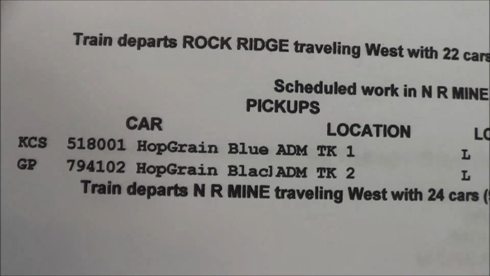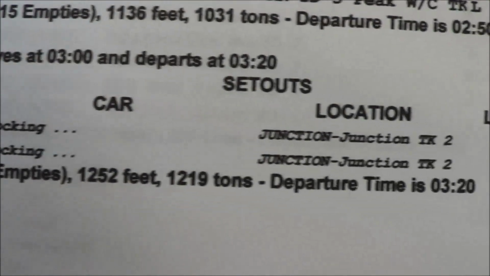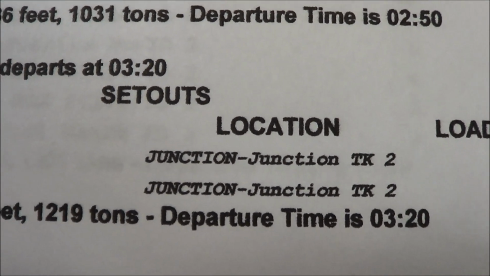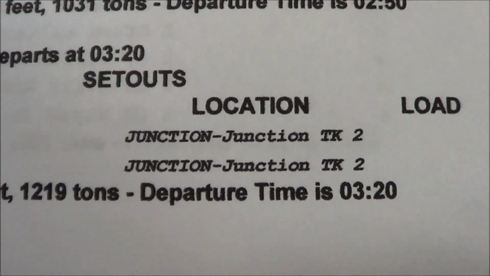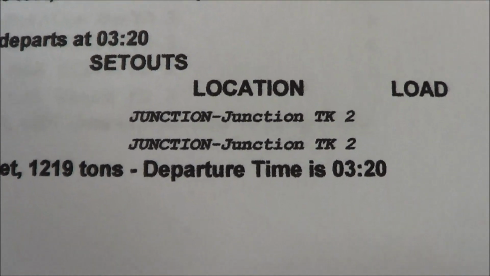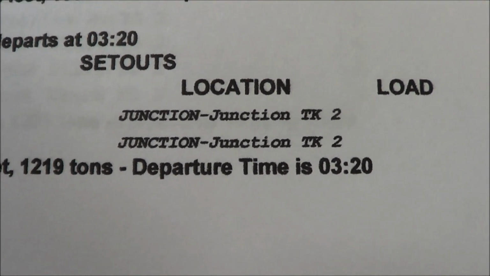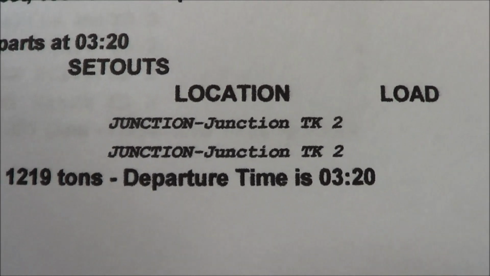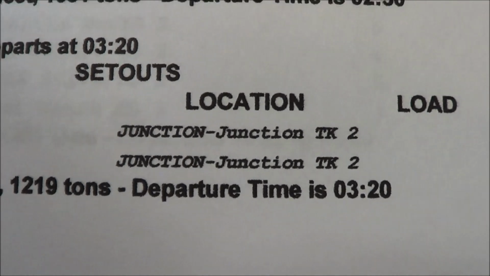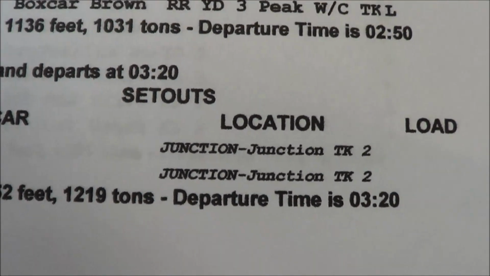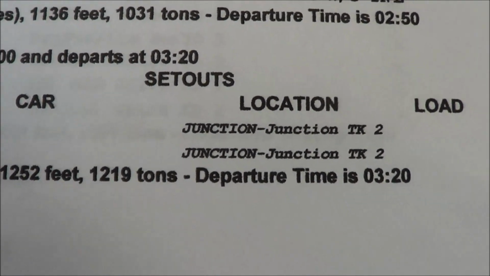It's going to pick up those 2 cars, and it tells us where to put them in the train. They're going to junction track 2. Now that is a staging track, so it can really go anywhere in the front of the train. We'll make comments on this as we go along. But when you pick those 2 cars up, you really kind of put them right behind the engine, because they're going to go all the way to the end.